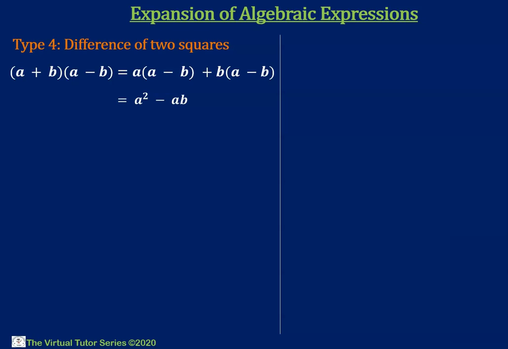So the second bit of the expression expands into ab minus b square. Negative ab gets rid of ab. So the expression now becomes a square minus b square.